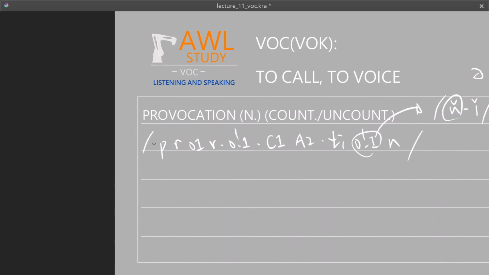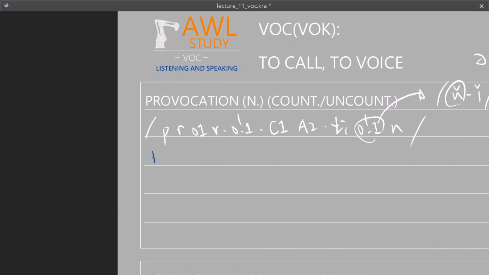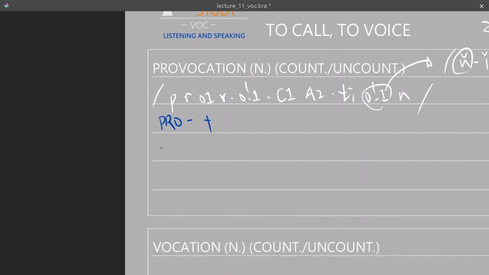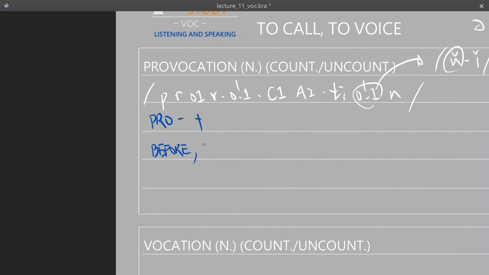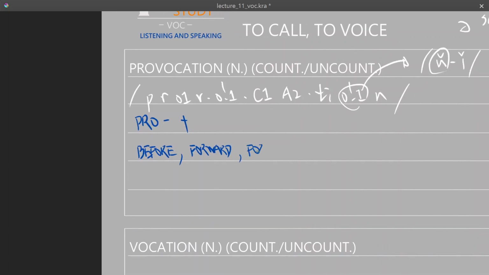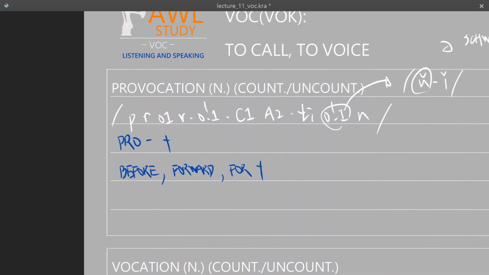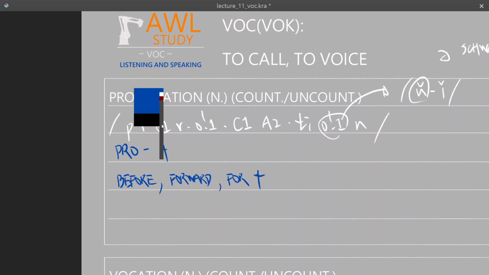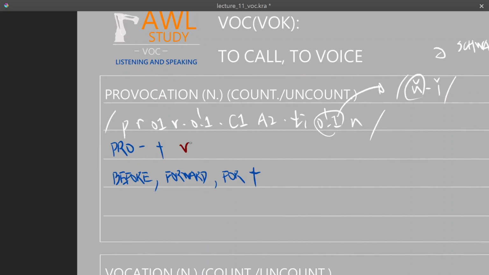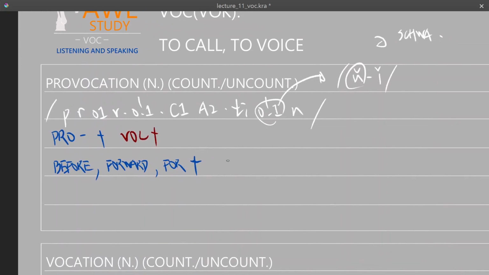So we have the prefix pro. It means before, forward, or for, that is, support. And we have the root voc, meaning to call.